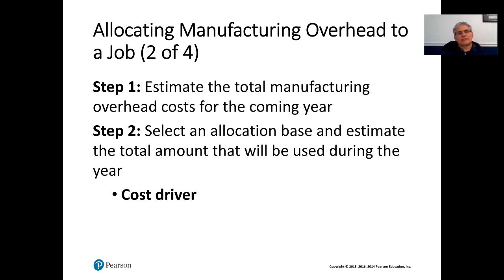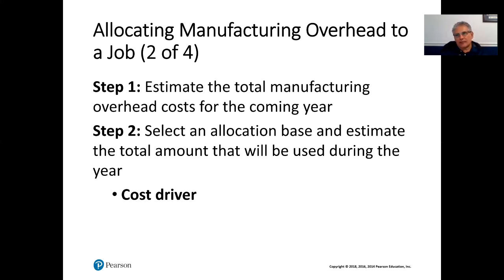Step 2, we're going to select an allocation base and estimate the total amount that will be used during the year. So we're going to try to find what we refer to as a cost driver. When you think of a cost driver, we need some type of activity that we can monitor, that we could track, that hopefully we already track.